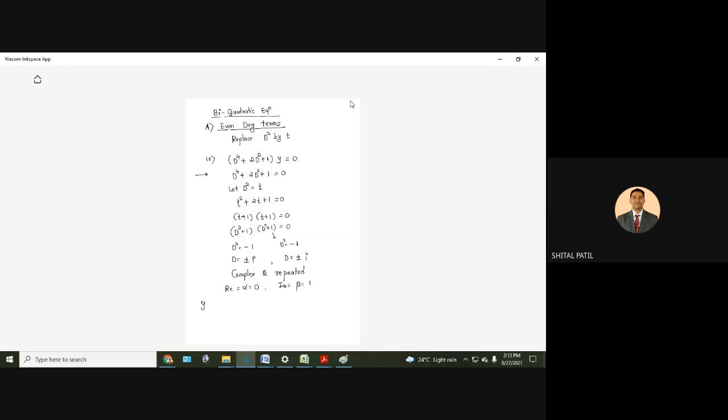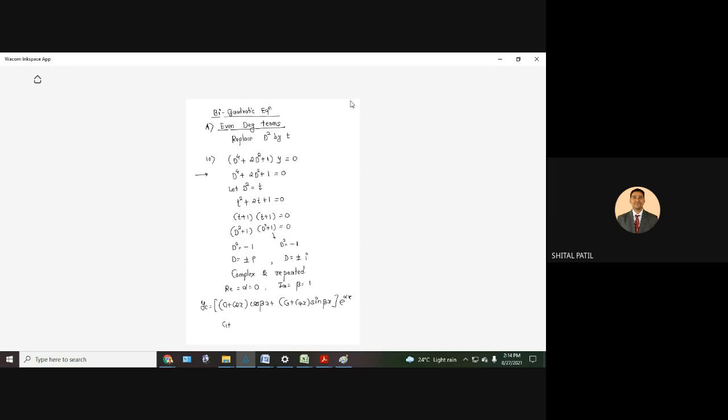Let me write the formula, since after a long time we are solving an example of this type. C1 plus C2x cos of beta x, formula number 4, into e raised to alpha x. So you just have to substitute the value of alpha and beta, that's it.